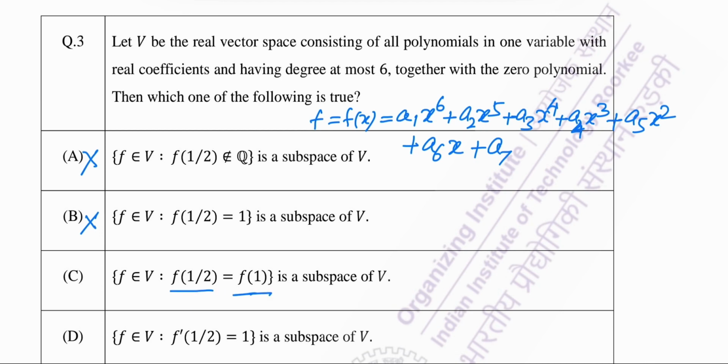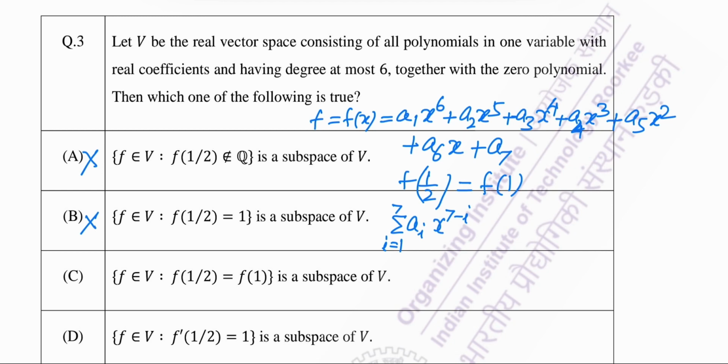So if you use this one, f(1/2) equals f(1), then this will give us the sum of a_i x^(7-i), i goes from 1 to 7, and here at the place of x there will be 1/2.